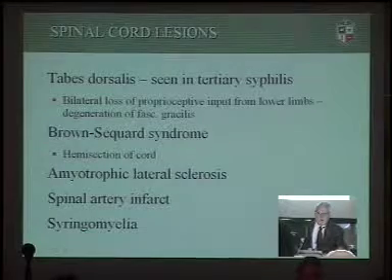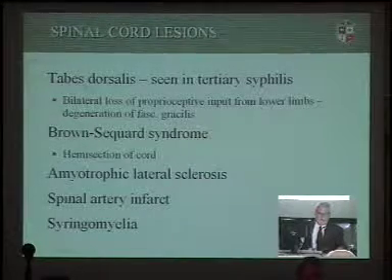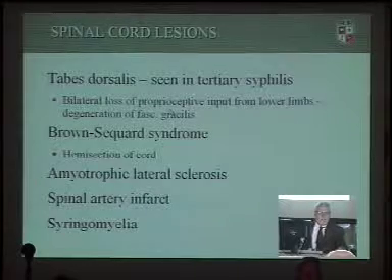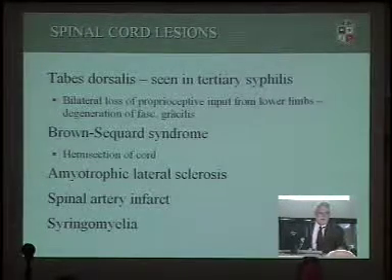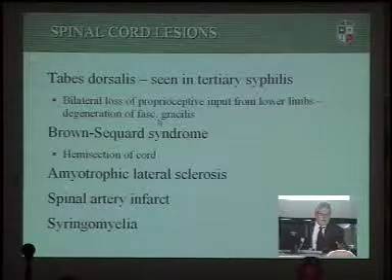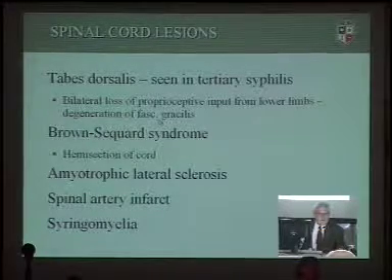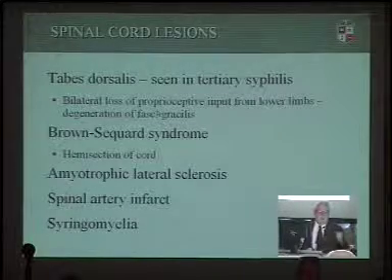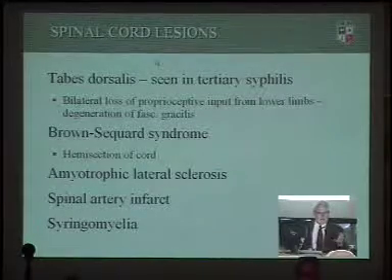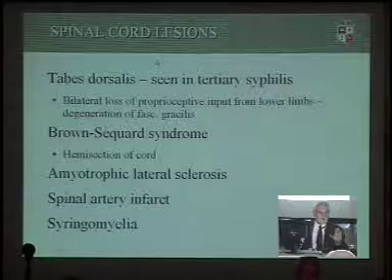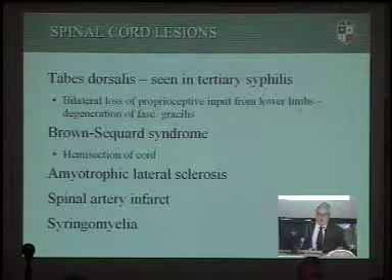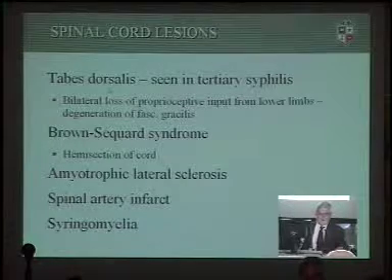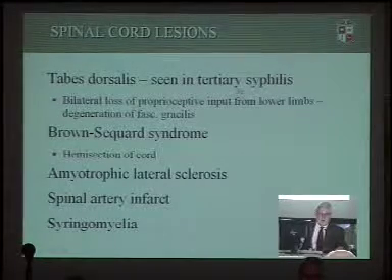But this is one which is typical, syphilis, where you lose proprioceptive input from the lower part of the body specifically. If you ask individuals to stand up and close their eyes, they can't maintain their balance because proprioception is a very important part of maintaining balance. So this is basically the dorsal columns will degenerate in tertiary syphilis.